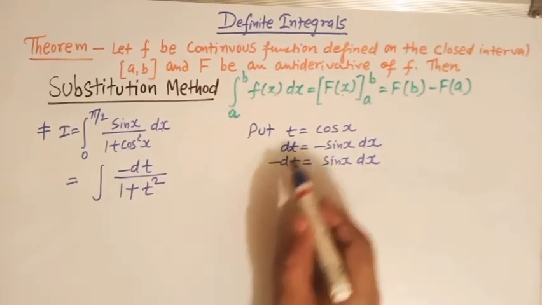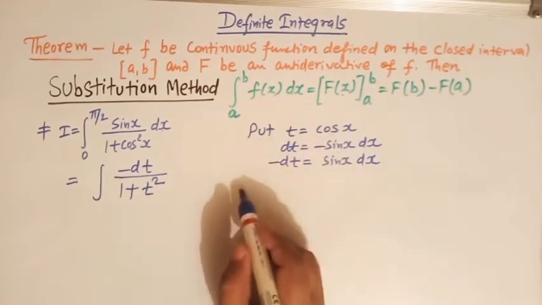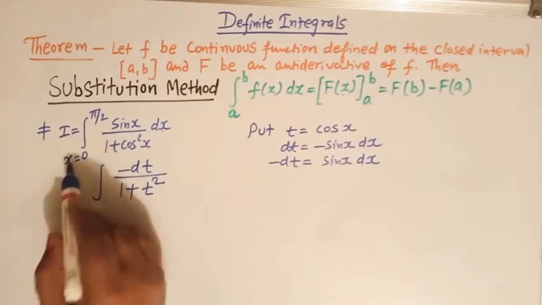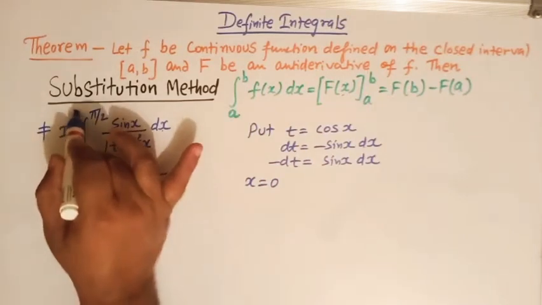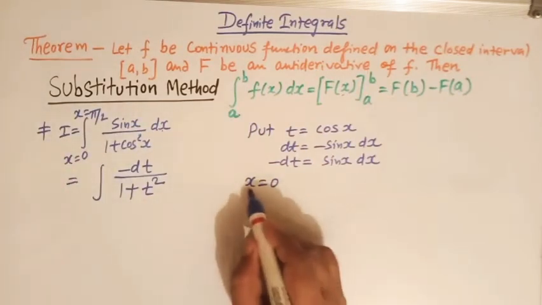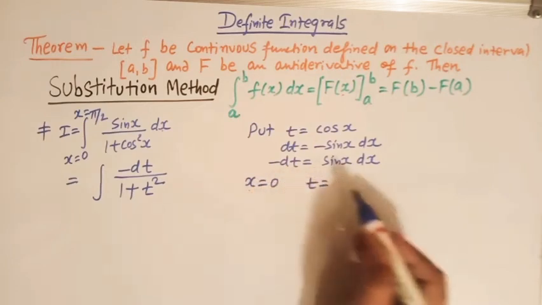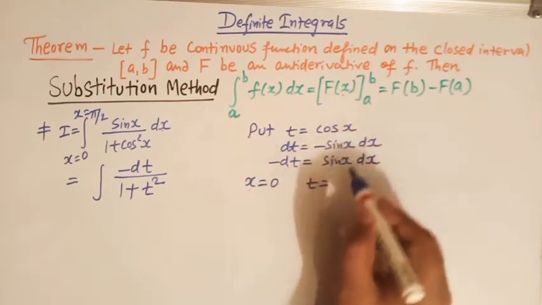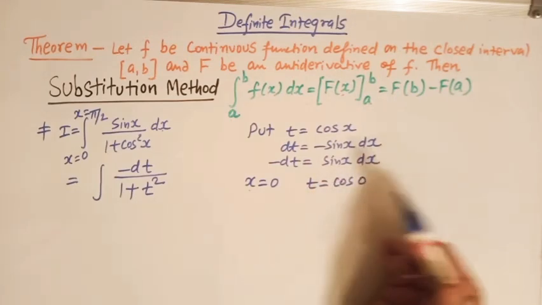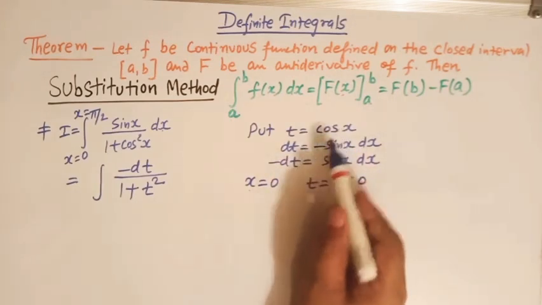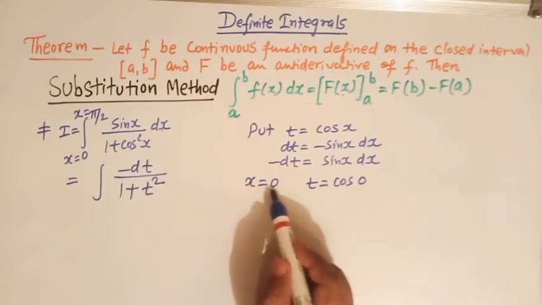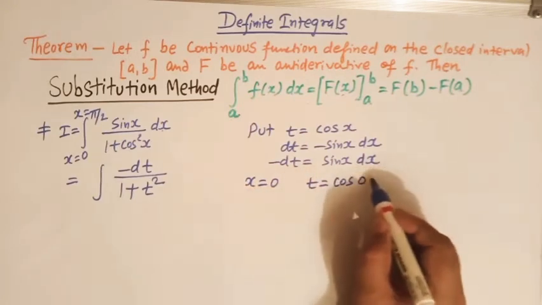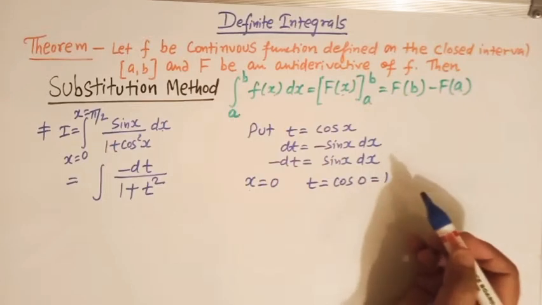The method is, here we have t equal to cos x, and the limits are x equal to 0 to x equal to pi by 2. When x is equal to 0, t is cos of 0, because t is equal to cosine of x, which is equal to 1.